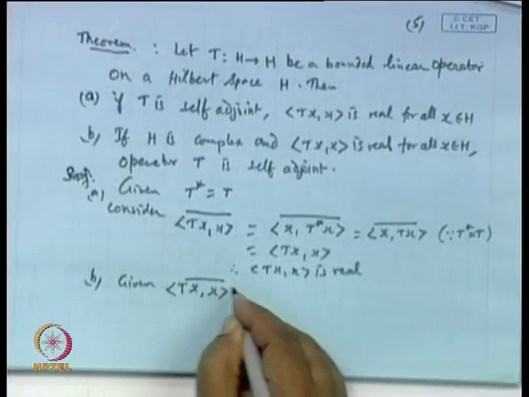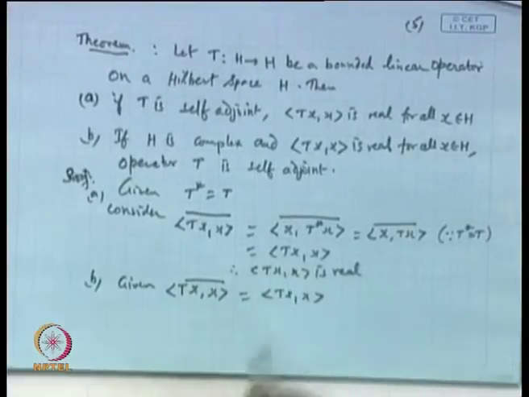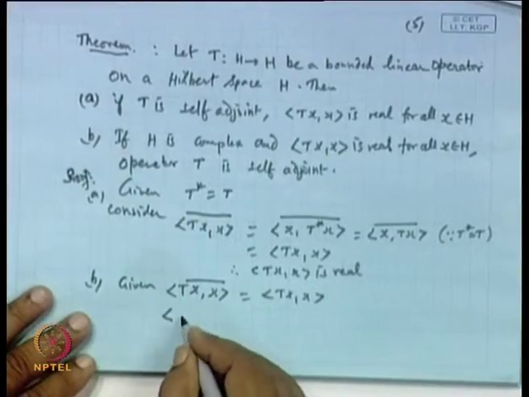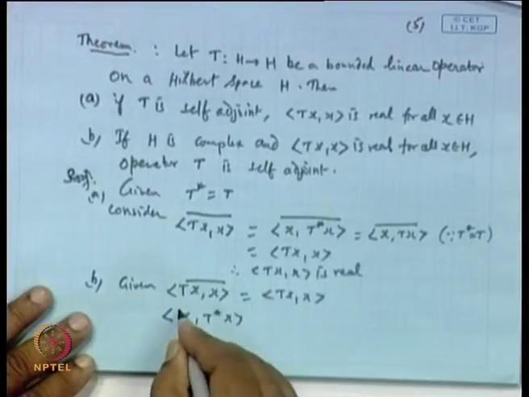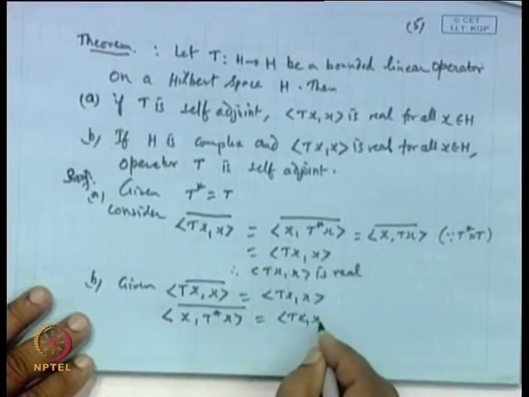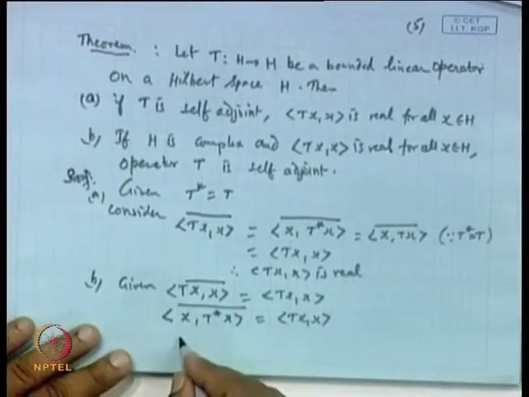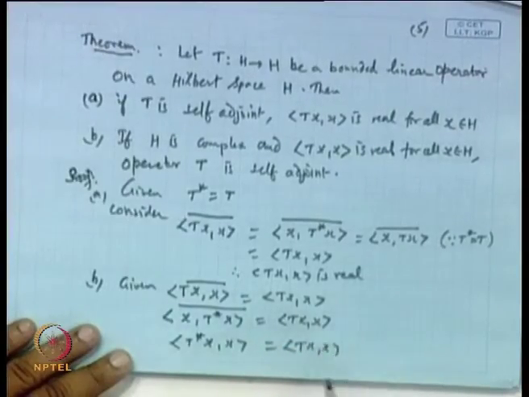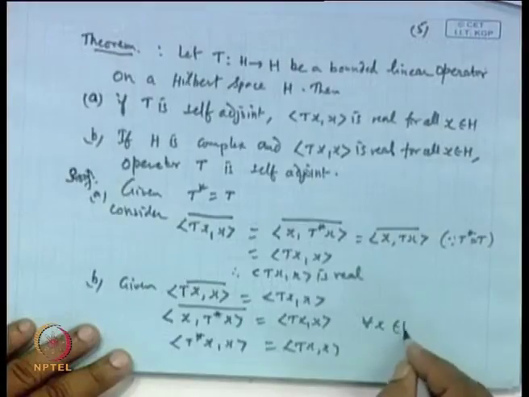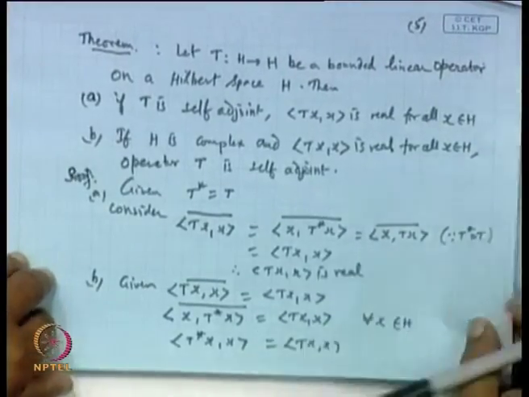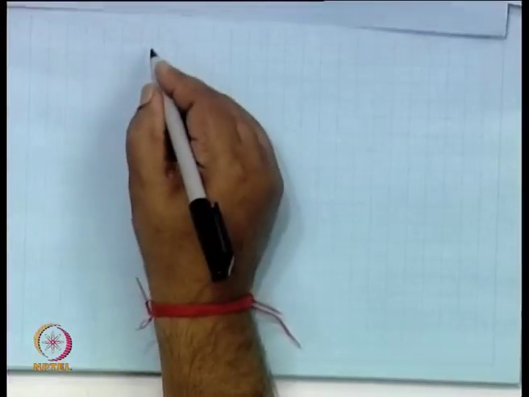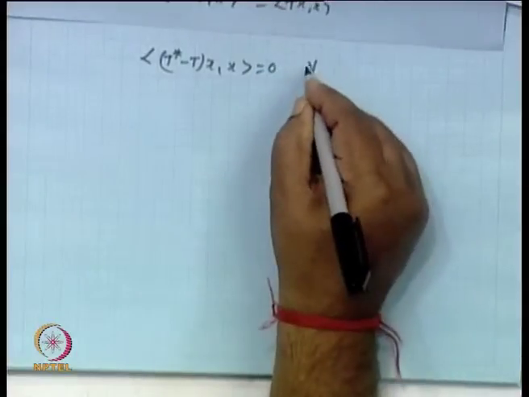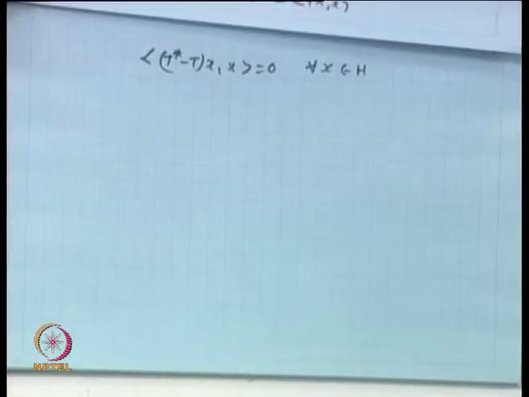It means its conjugate is the same, but this is the same as x, T star x conjugate, which is the same as Tx, x, which is the same as T star x, x. This is true for all x belonging to H. Now from here we can write the inner product of T star minus T applied to x, x is 0 for all x belonging to H.